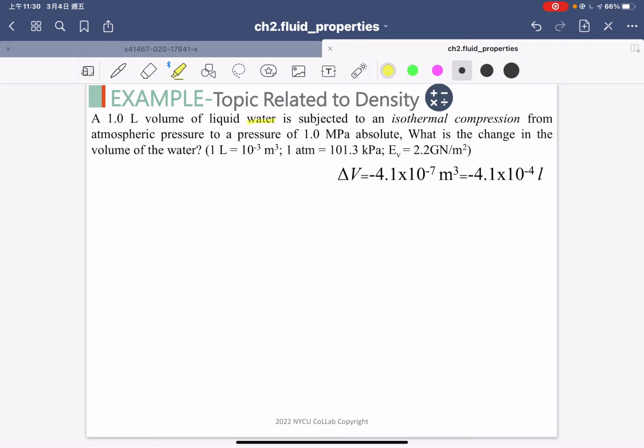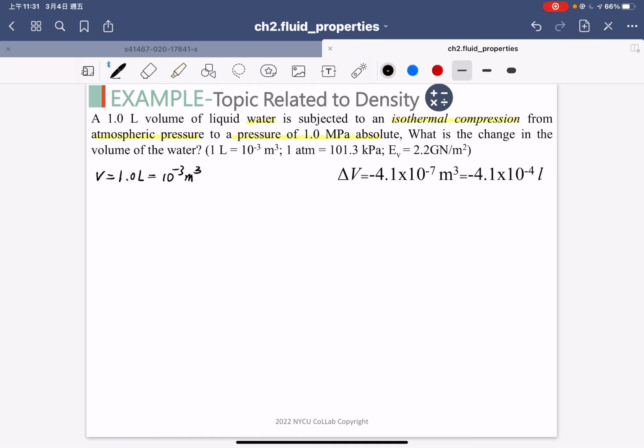We have liquid water, and the volume of the water is 1 liter, and 1 liter is equal to 10 to the minus 3 cubic meters. The question tells you this is based on isothermal compression from atmospheric pressure to a pressure of 1 million Pa absolute.